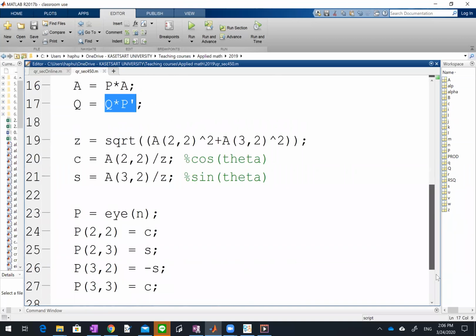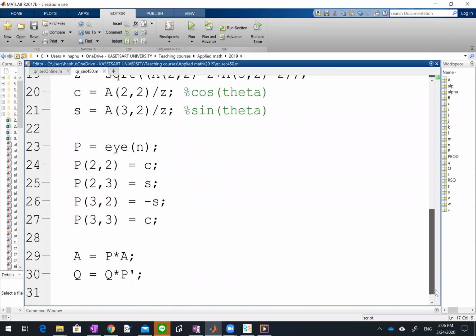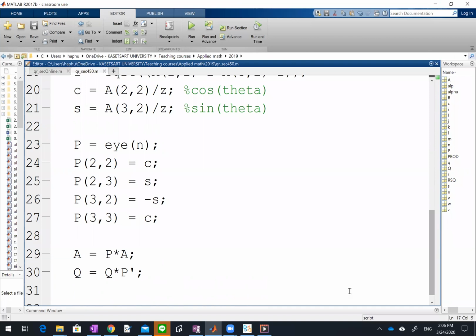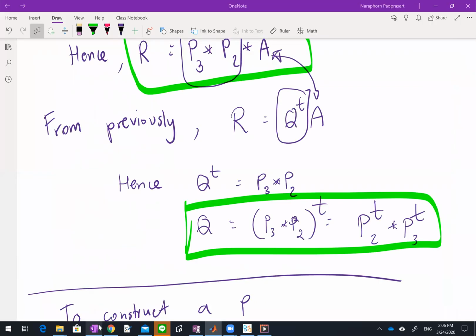Then I can update my Q. Then after I get a new P, I multiply P in the back to get P transpose and get the Q, right?